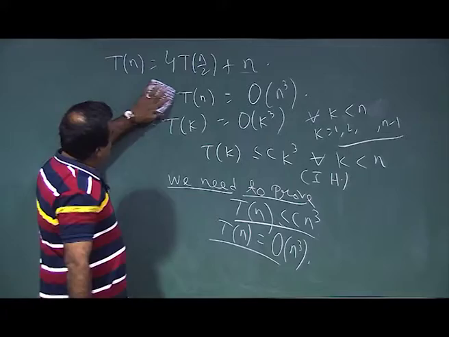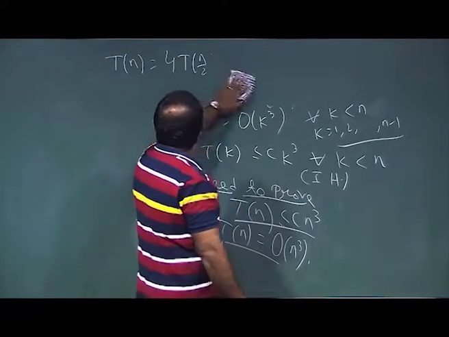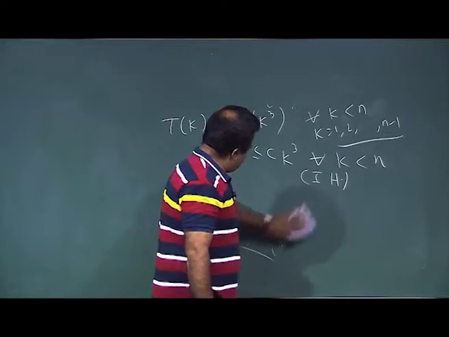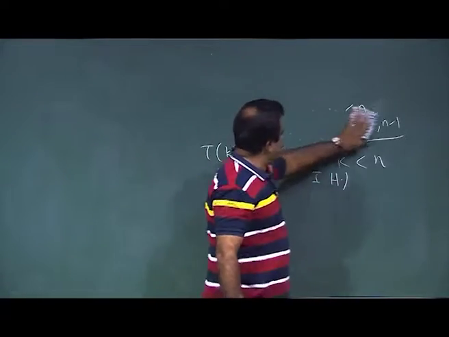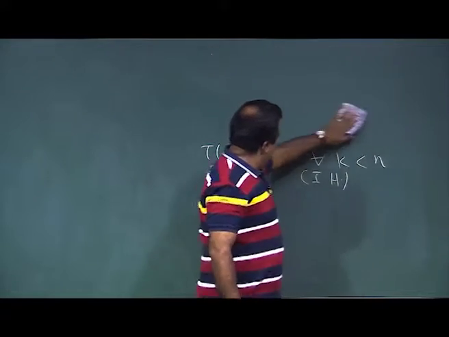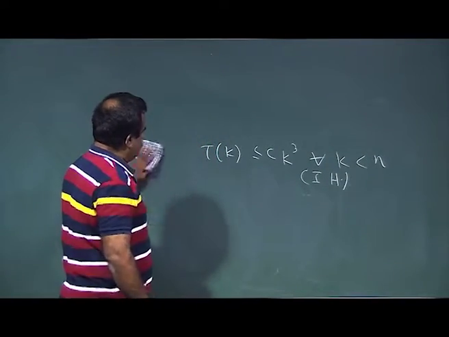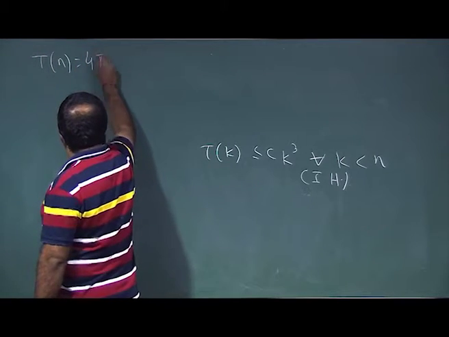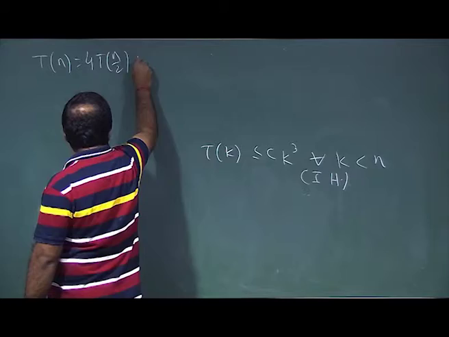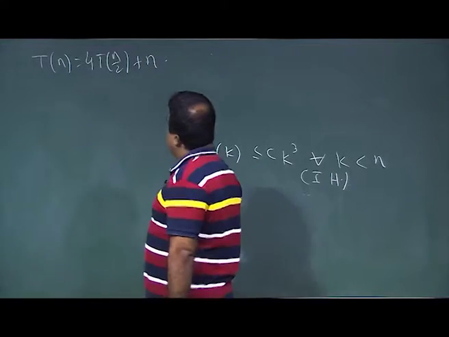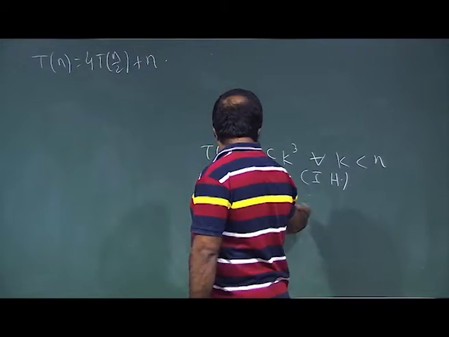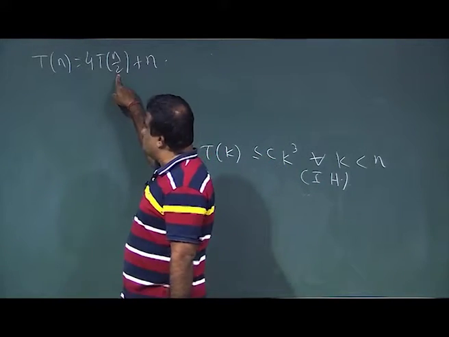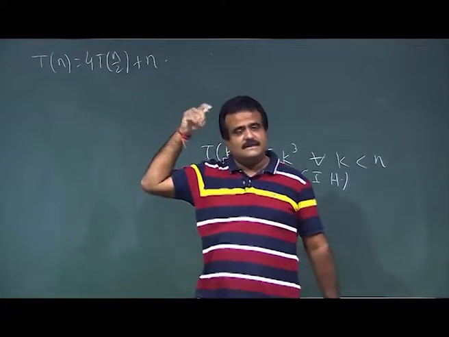So, we have this induction hypothesis, we keep this. Now, our recurrence is basically 4T(n/2) plus n. Now, we use this induction hypothesis. n by 2 is less than n.